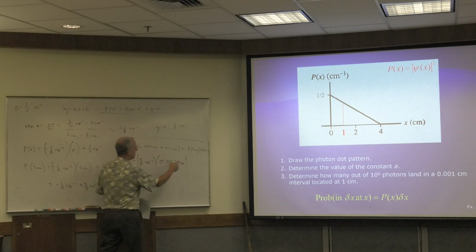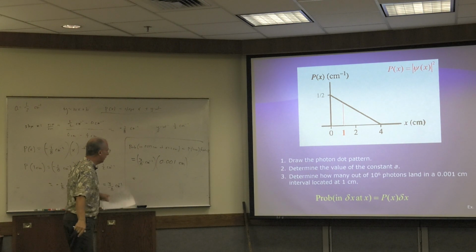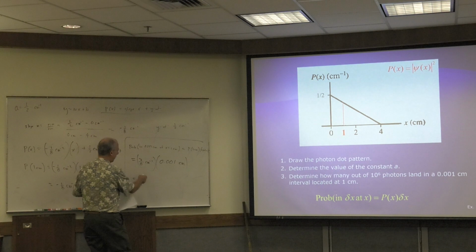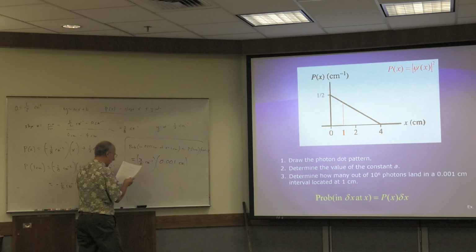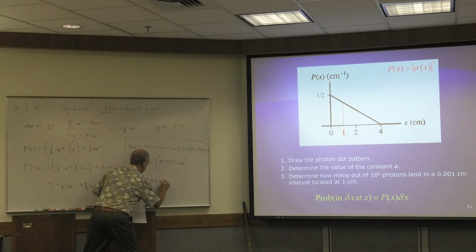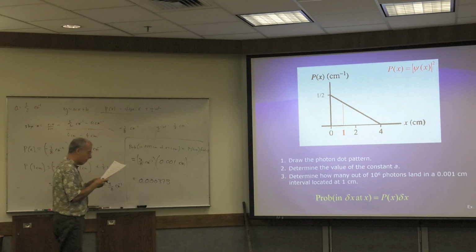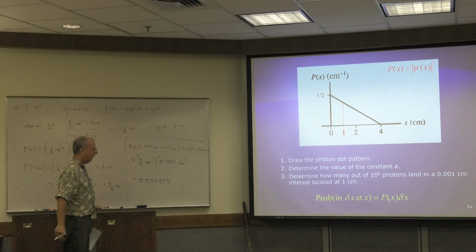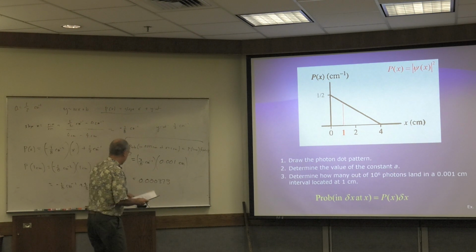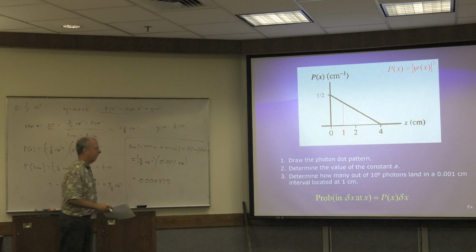Inverse centimeters kills centimeters, because it's a probability, no units. So when you multiply that by that, you get 0.000375. So that is the probability. Awesome.